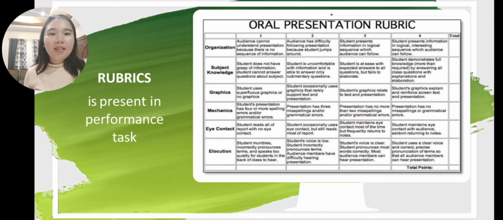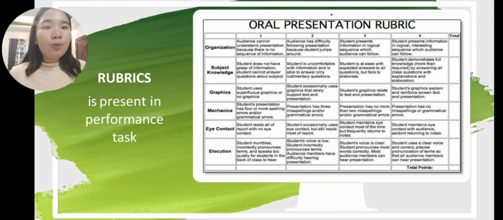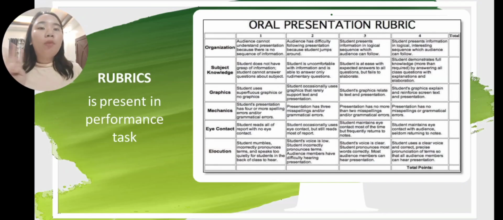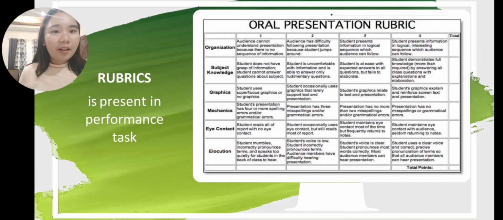For the mechanics, the presentation has four or more spelling and grammatical errors. Presentation has three misspellings and/or grammatical errors. Presentation has one or two misspellings and grammatical errors. Number four, presentation has no misspellings or grammatical errors.